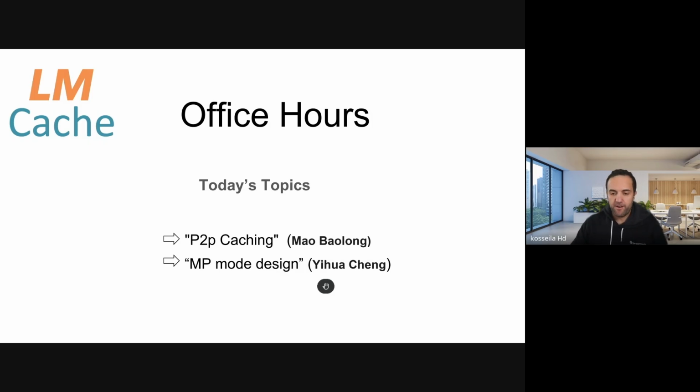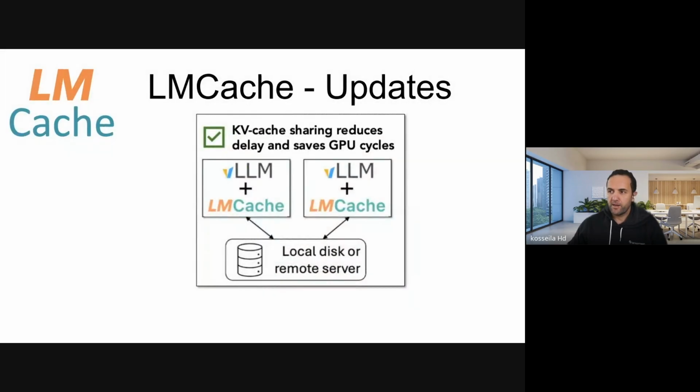So to kick things off, just a quick primer on the LMCache project for those who aren't familiar. I'd like to share a few words about the project. LMCache is the fastest growing AI and LLM memory caching project that makes inference incredibly fast and efficient.